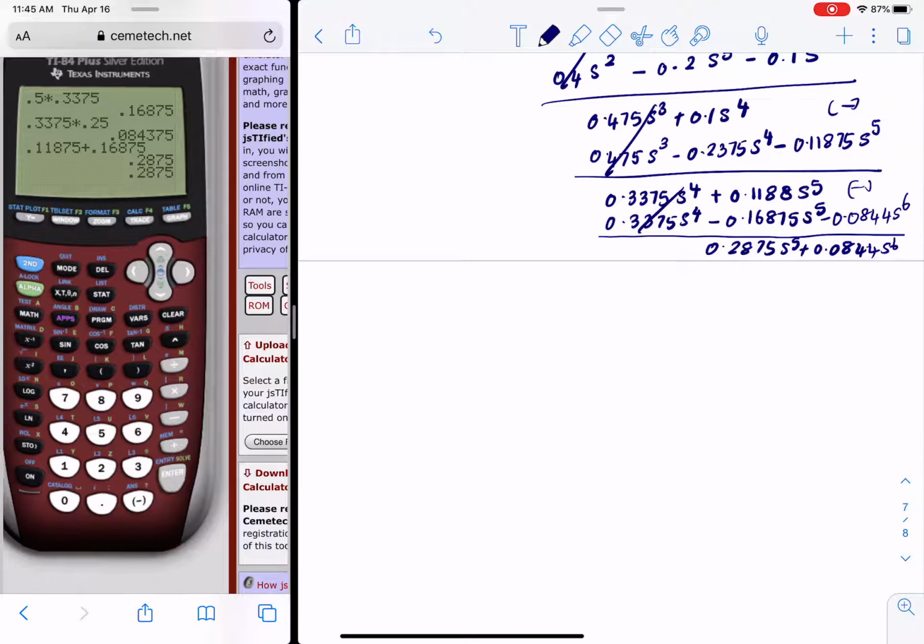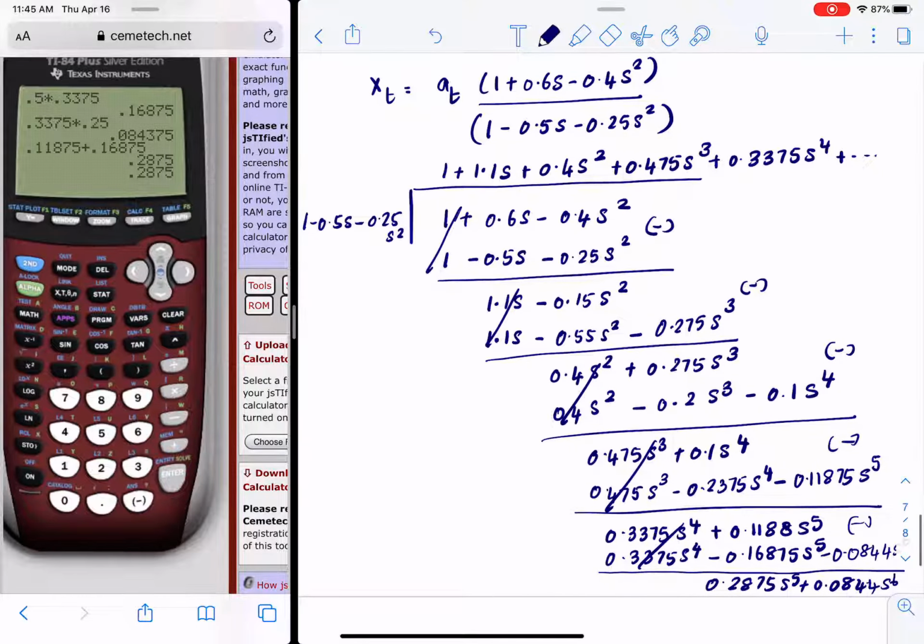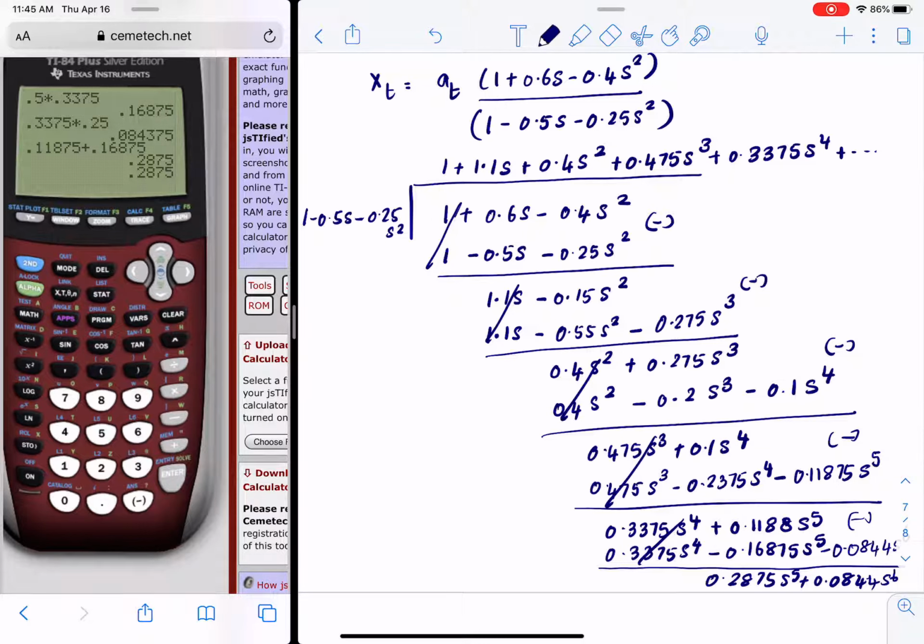But we just want to find the first 5 psi weights, 1, 2, 3, 4, 5.